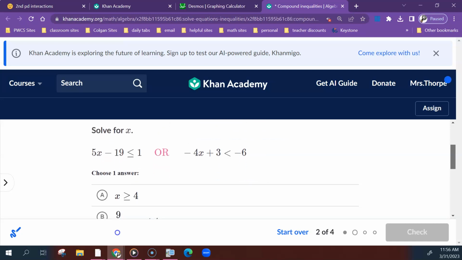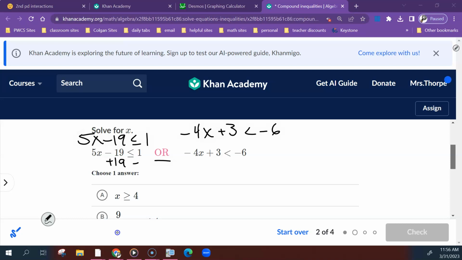Okay. And then "or." 5x minus 19 is less than or equal to 1, or negative 4x plus 3 is less than negative 6. And then solve both of these.